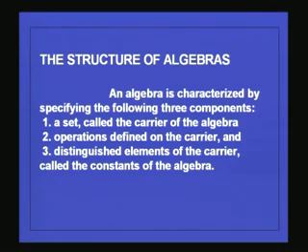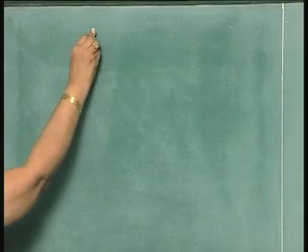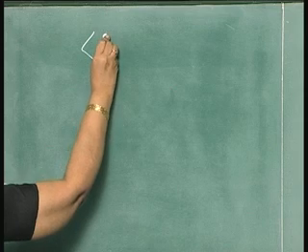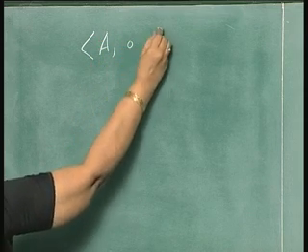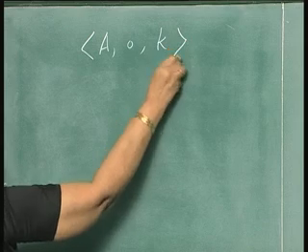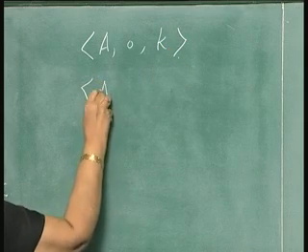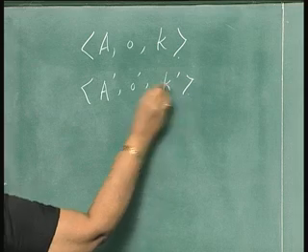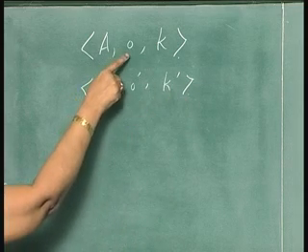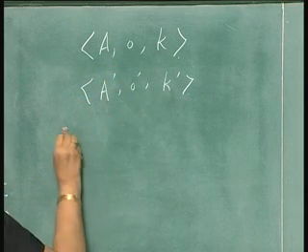Now, suppose you have an algebra like this, one algebra say A and one operation dot and some constant k, another algebra A dash and dot dash k dash like this. Then these two, you need not have a single operation, you may have several operations.